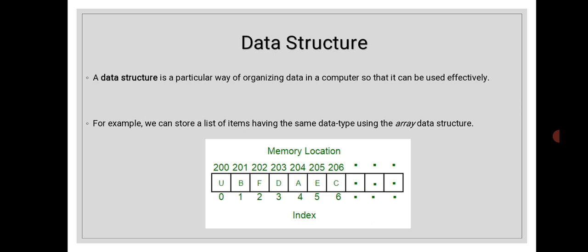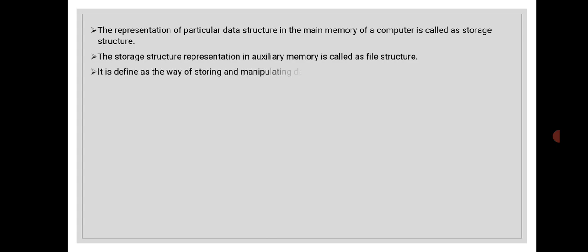The representation of a particular data structure in the main memory of a computer is also called a storage structure. The storage structure representation in auxiliary memory is called a file structure. It is defined as the way of storing and manipulating data in organized form so that it can be used efficiently.